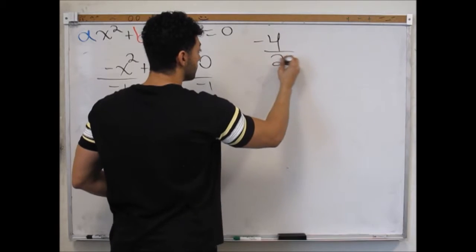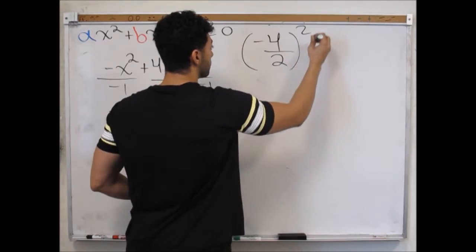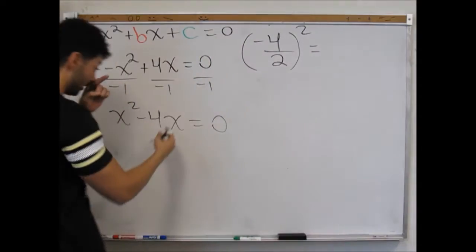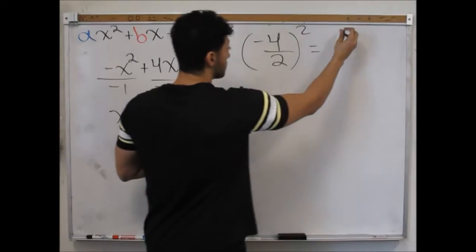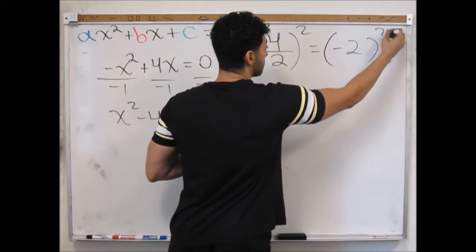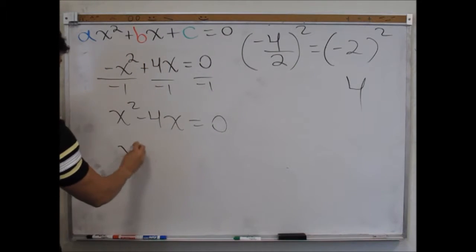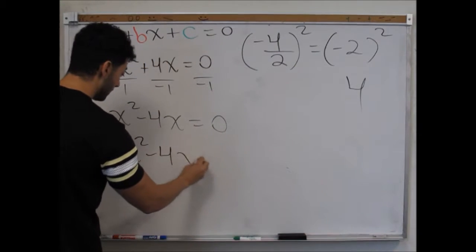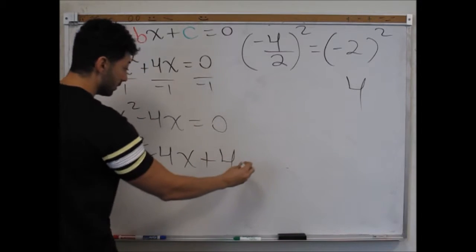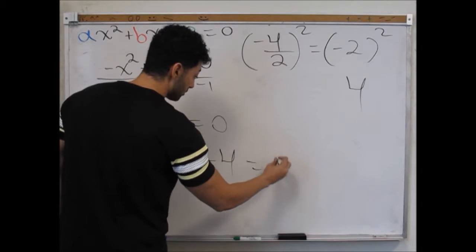We're going to divide it by 2, and then we're going to square it. That's what's going to get added onto both sides. So then we get -2 squared, which is 4. That's the candidate. So we get x squared minus 4x plus the 4, and this side gets plus the 4.